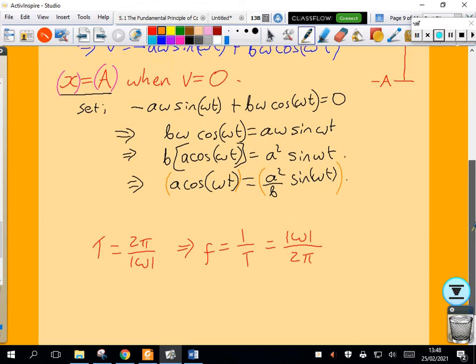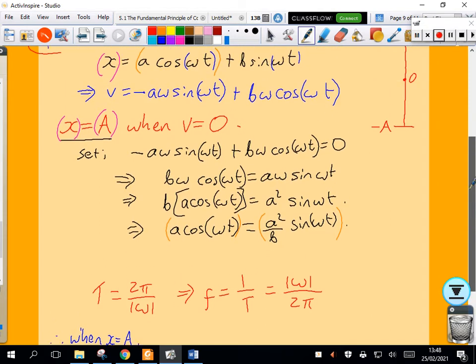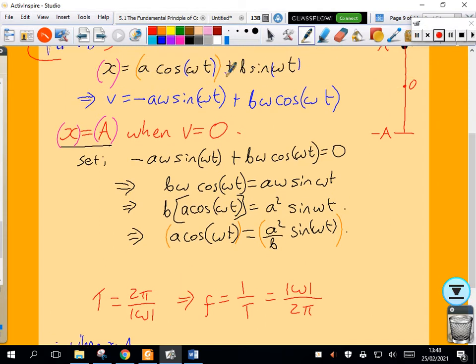So therefore, when x equals a, we're going to get my original position function, x equals all this stuff.